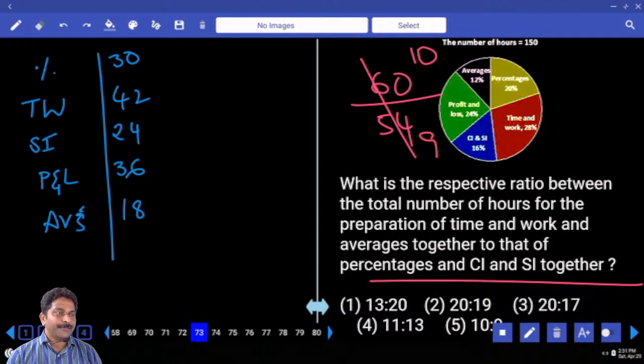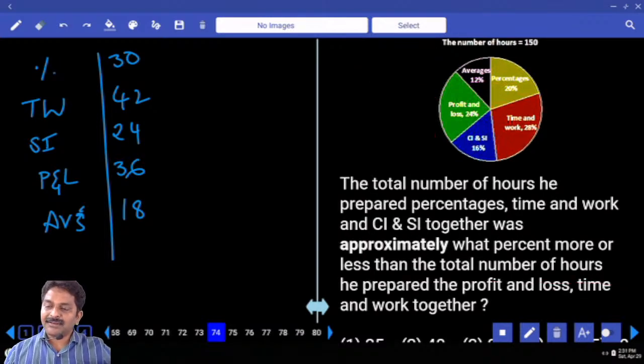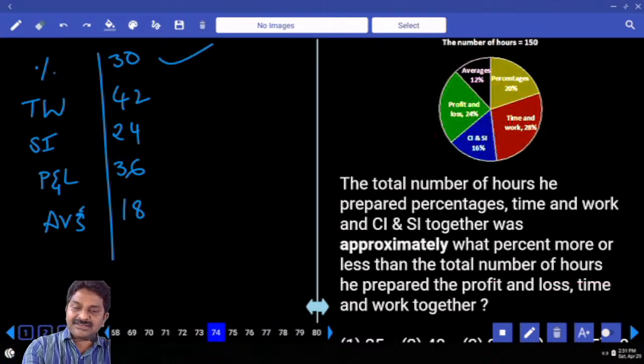Fifth option. The total number of hours he prepared percentages, time and work, simple compound, all together it is 96, right?